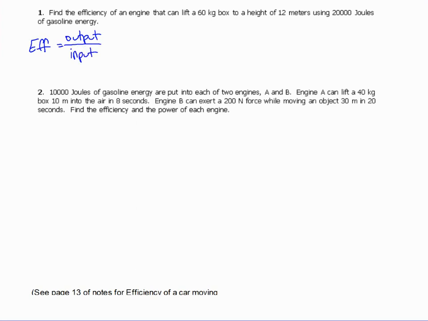This will give us a decimal, and at the very end, we'll make it a percentage. For now, we'll just leave it as output divided by input. So the output is work, and the input is just the input, which we are given in this one.